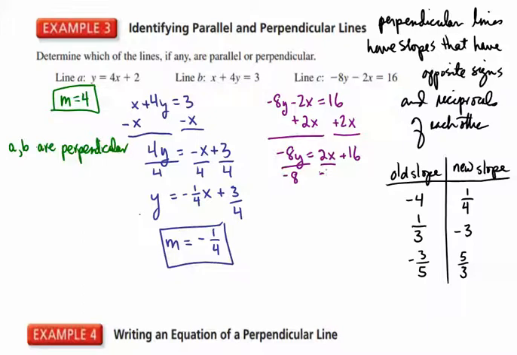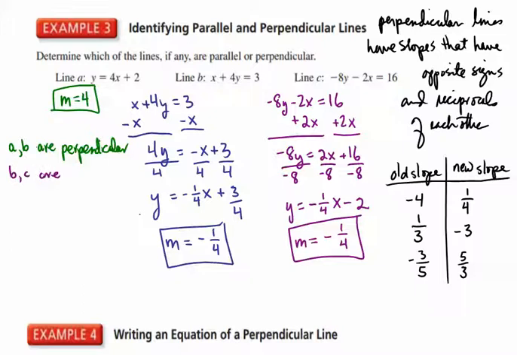Dividing everything by -8, I get y is equal to 2 over -8, which is the same as -1/4, x. Then 16 divided by -8 is -2, leaving us with a slope of -1/4. Now we can see that lines B and C are parallel. And lines A and C are perpendicular.